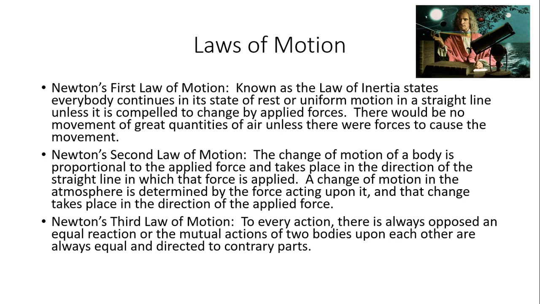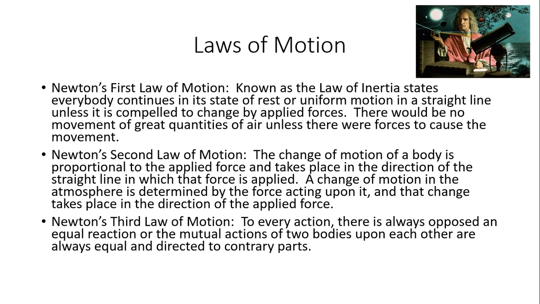For example, if I were to roll a ball across a table, it would roll in a straight line unless somebody standing maybe further down along the side of the table actually pushed on the ball and directed it to a different direction.